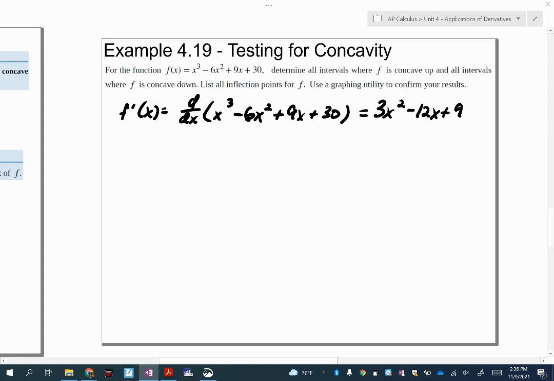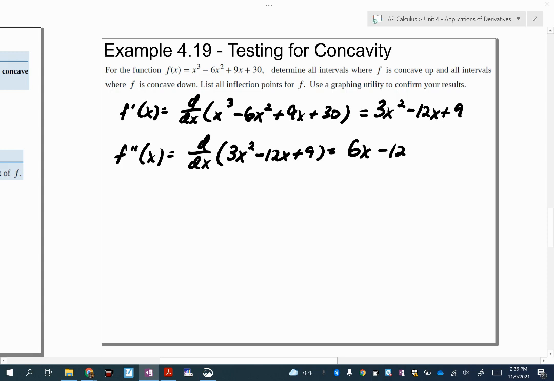Okay, now we're going to keep going. I want to find the second derivative of this function. So another derivative, d dx of 3x squared minus 12x plus 9, is going to be 6x minus 12.